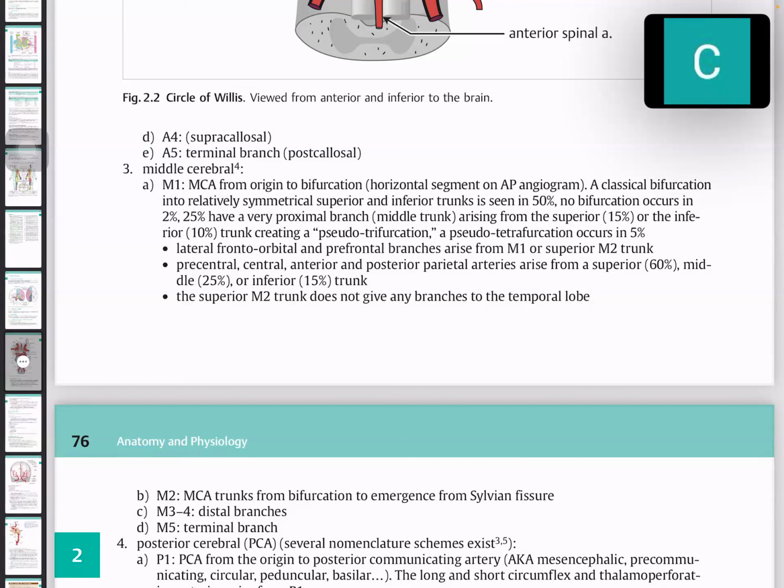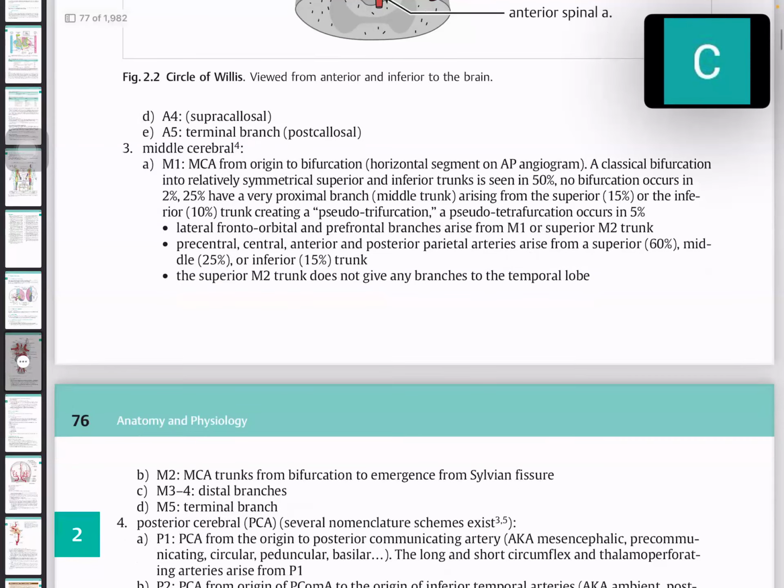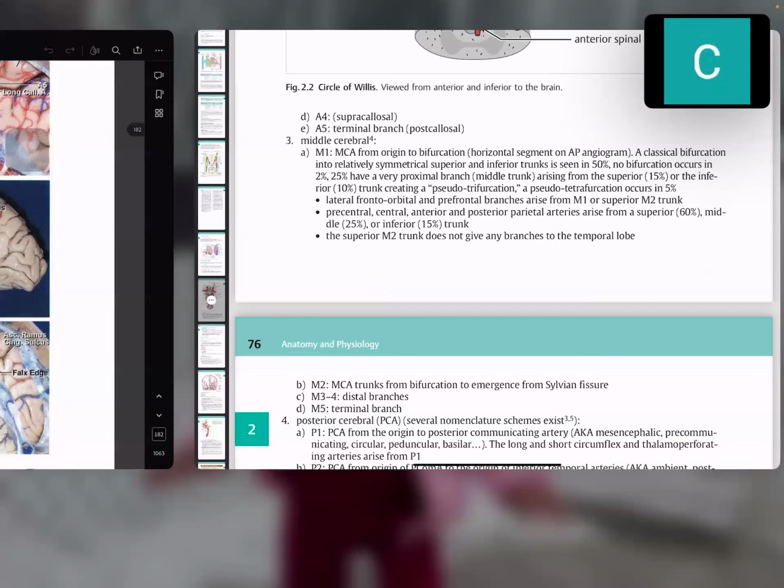The M1 segment usually originates at the bifurcation of the ICA, and will end at... let me show you.